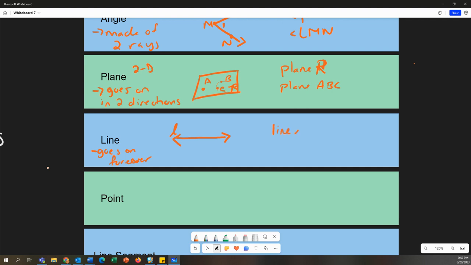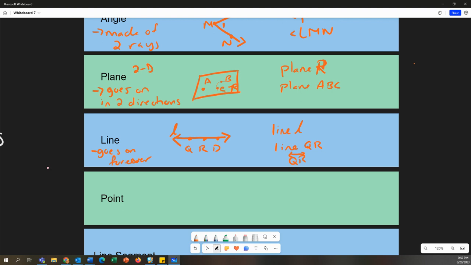So we would have line L. And sometimes you have points on that line. You only need 2 points to name a line. So you could have line QR. Or you can have QR and draw a line above it. Make sure you have those arrows though if you do that.